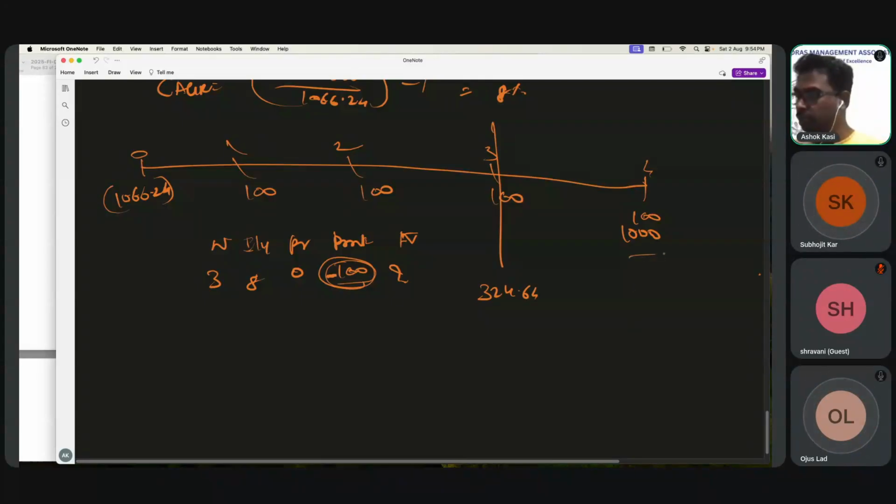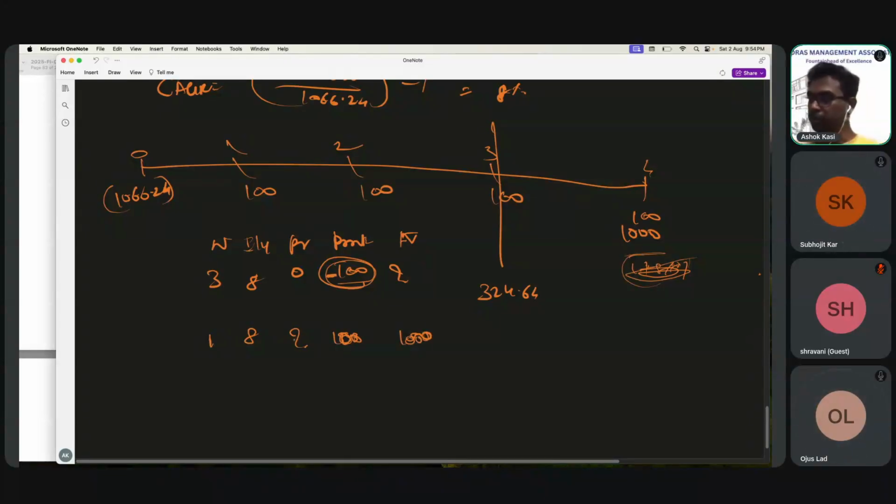Then for the present value, you can directly do it the way I did, 1 plus 8% raised to 1. If you want to use only this calculator, then you can do it like this: 1 year, 8%. What is the present value? Payment is 100, and future value is 1000.